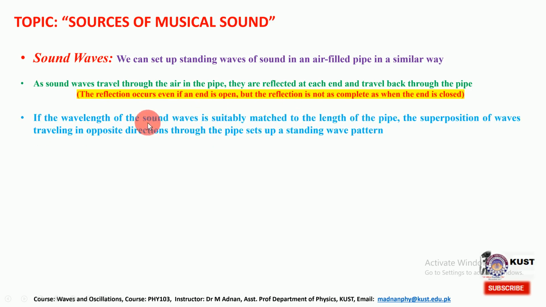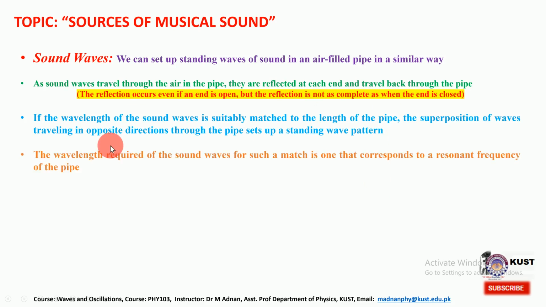If the wavelength of the sound waves is suitably matched to the length of the pipe, the superposition of waves traveling in opposite directions through the pipe sets up a standing wave, as we have discussed for the rope. If the wavelength is properly matched with the length of the pipe, we can have these nice patterns of sound known as the standing wave pattern.